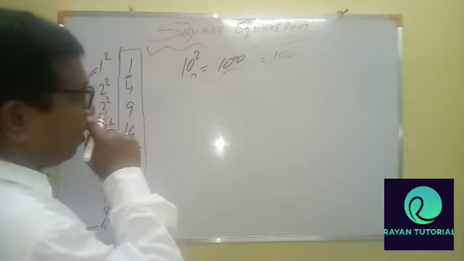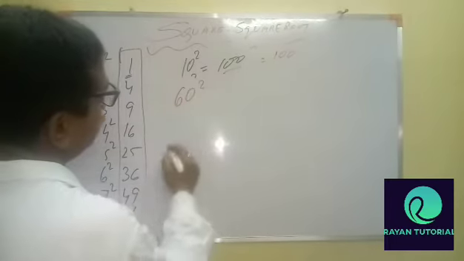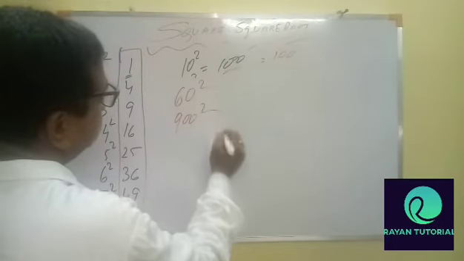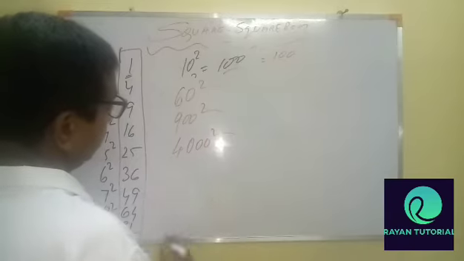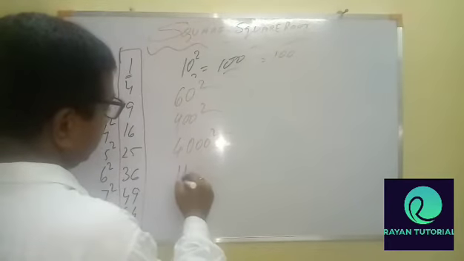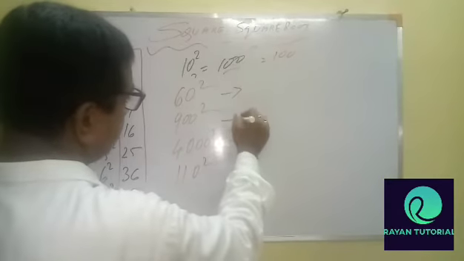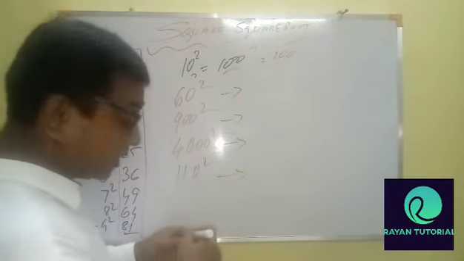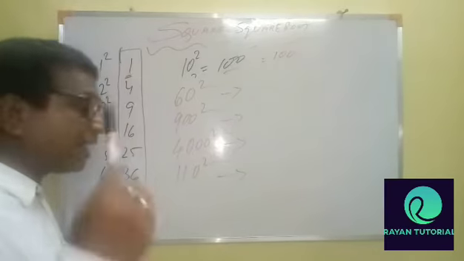Suppose if I say 60 square, 900 square, 4000 square, 11 square. What it will be? First tell me. Quick, yes, I can hear you. Don't think that I cannot hear you. I can. Tell.